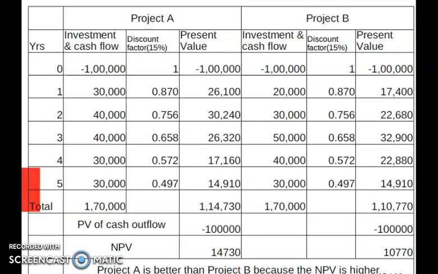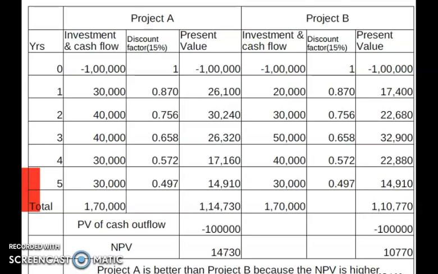Alright, similarly do it for Project B also. Multiply the inflow with the corresponding discount factor and you will get the present value of each year, total the present values, and you will get 1,10,770. From these amounts you have to reduce the present value of cash outflow, that is your initial investment of 1 lakh.